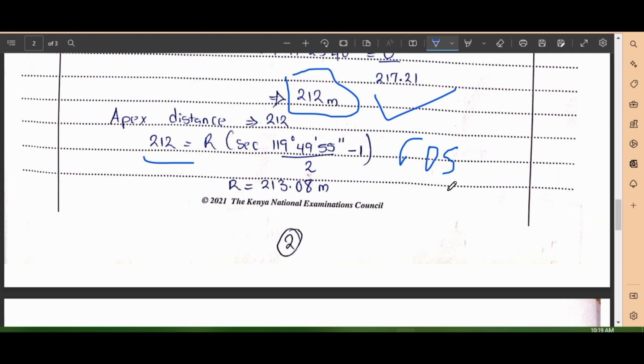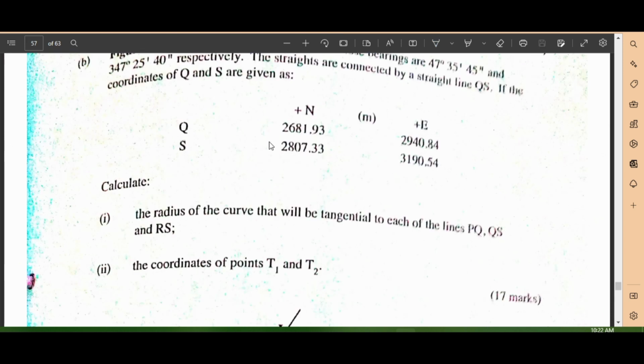Then you subtract 1 from your answer, and you find the radius as 213.08 meters. So here is our answer for the radius. We have already calculated the radius as per the question.